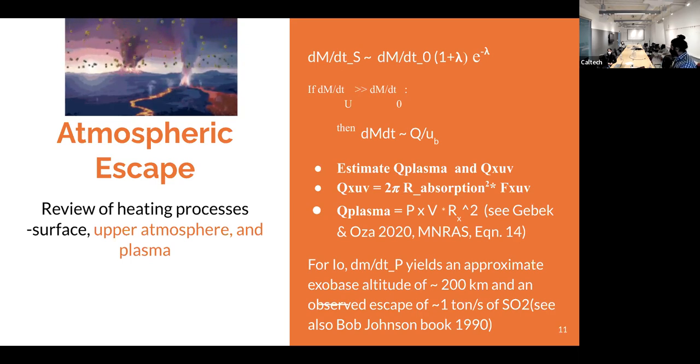Now, the plasma heating is much more subtle and much less studied at exoplanets. Searching the literature, I think it's possible that equation 14 here is one of the first analytical expressions to describe this, in the sense that the P right here refers to the plasma pressure.